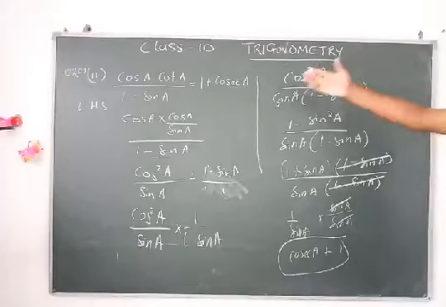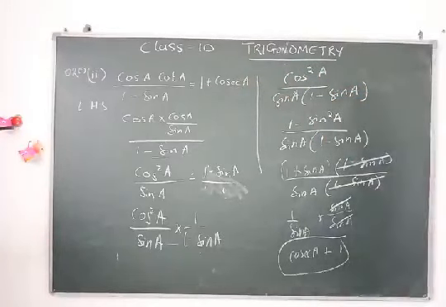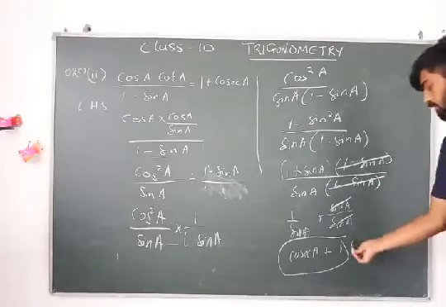And on the right hand side, the answer is cosec A plus 1. Both are the same thing. So you can write, hence proved.